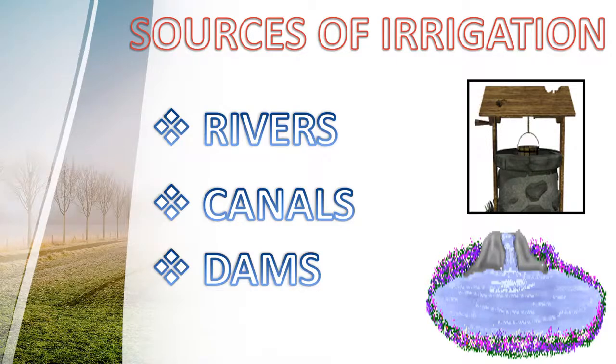Dear students, do you know the difference between a river and a canal? You have to find this out through your own efforts. Here we can see the different sources of water for irrigation.